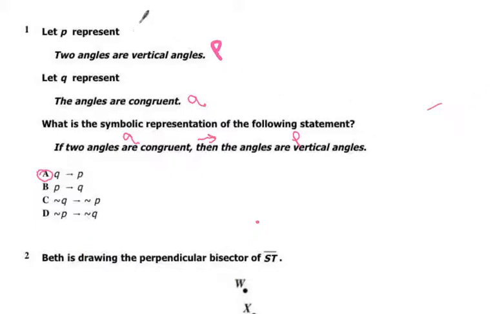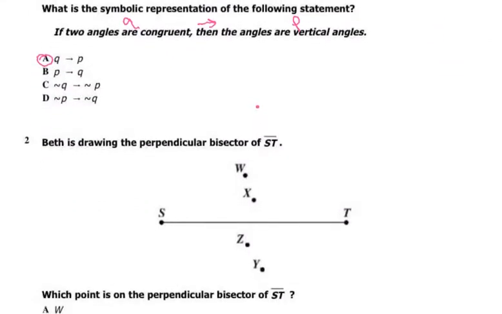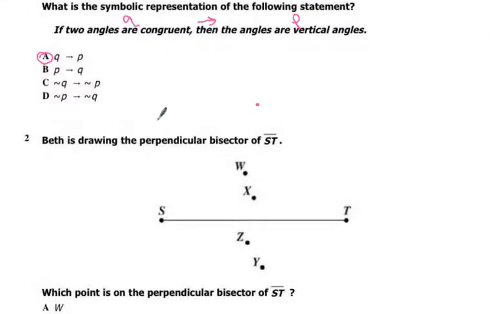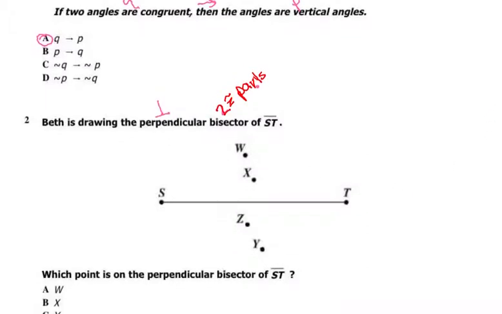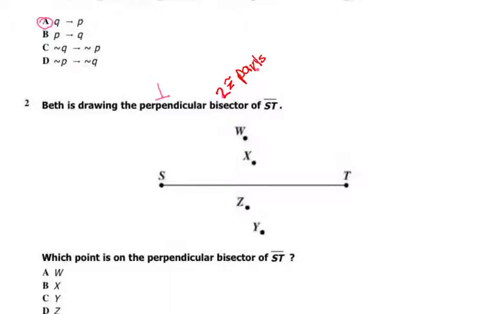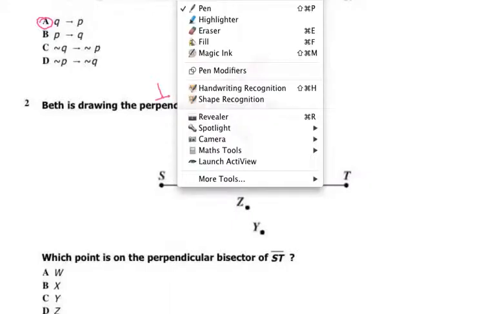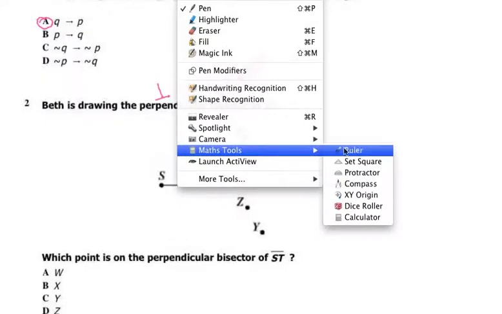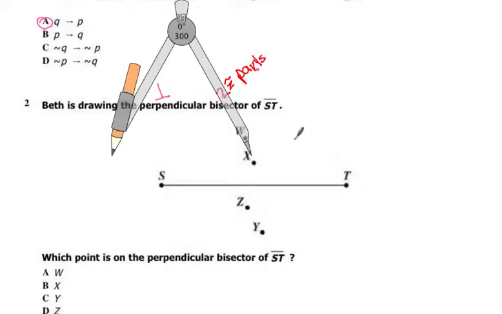Okay, Beth. She is drawing a perpendicular bisector of ST. Remember, a perpendicular bisector is going to form right angles and form two congruent parts. So to do a construction like this, you'd get out your compass.